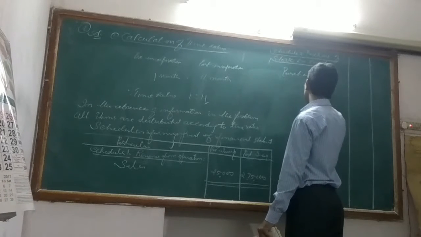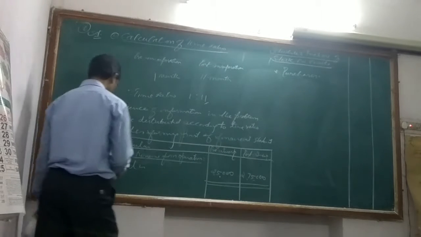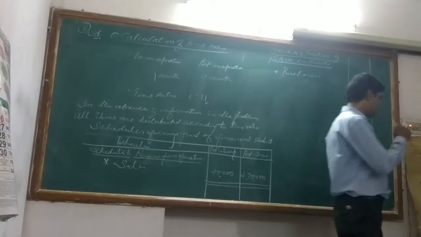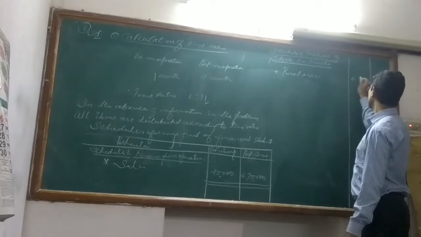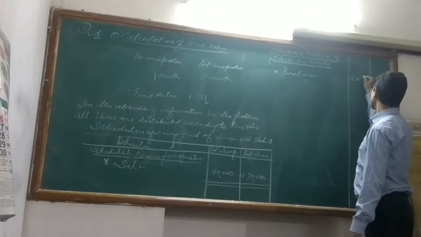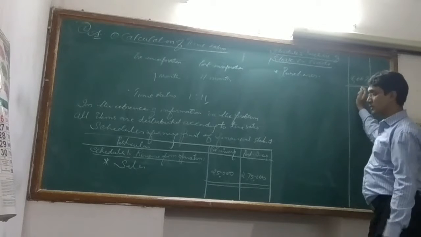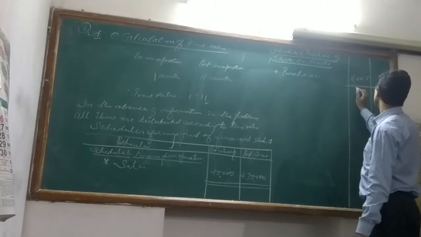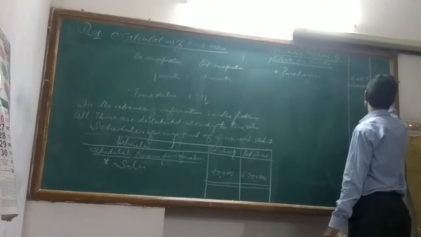Distribute purchases according to time ratio. 11,667. And 1,40,000 into 11 by 12 is 1,28,333.